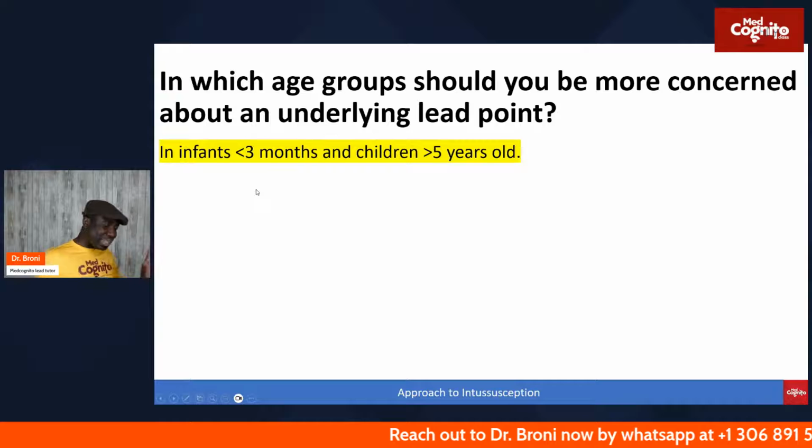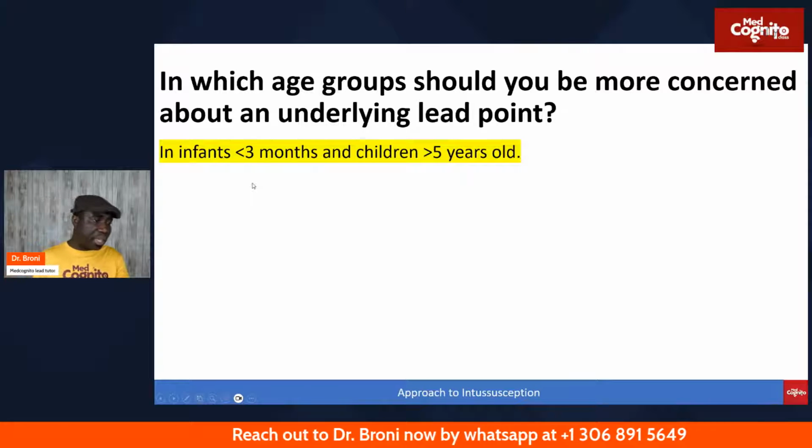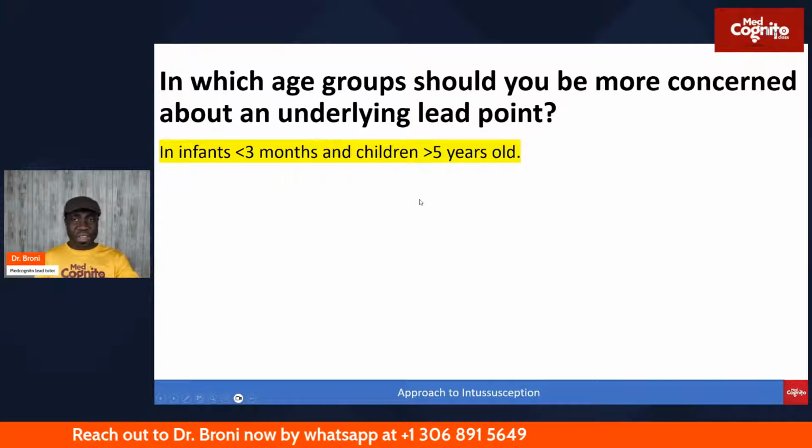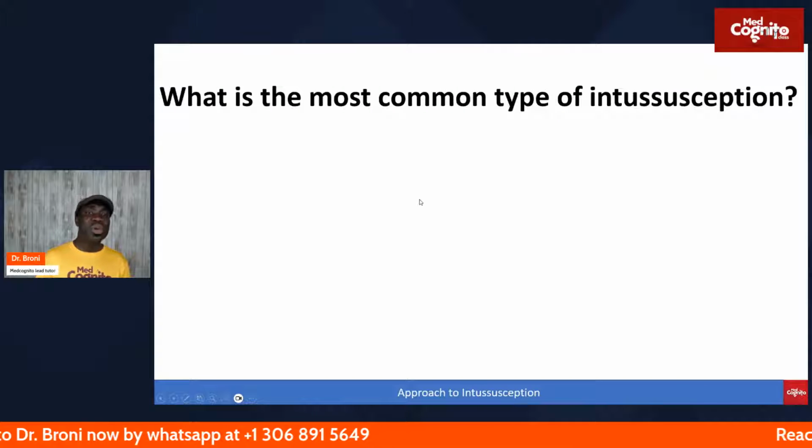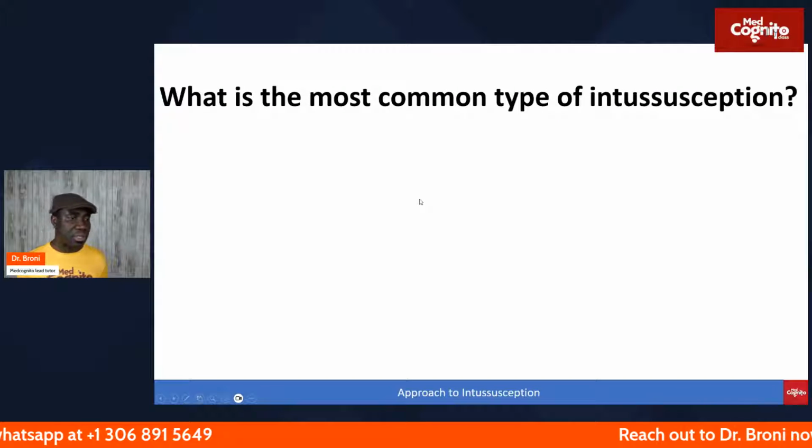Good. So less than 3 months and more than 5 years. Children who are less than 3 months and more than 5 years, you should be more concerned about an underlying lead point.